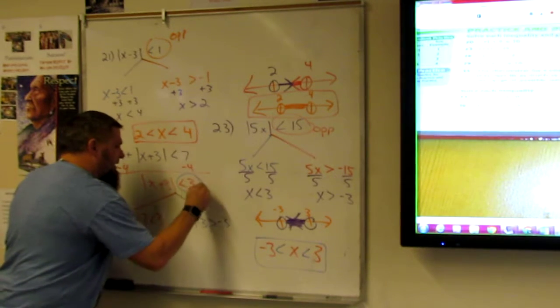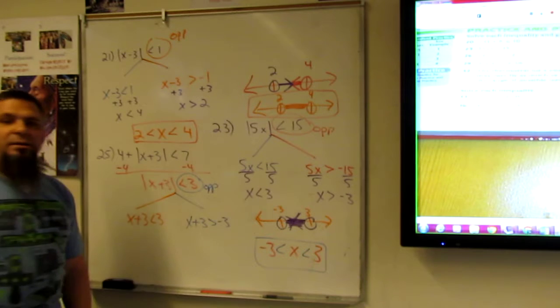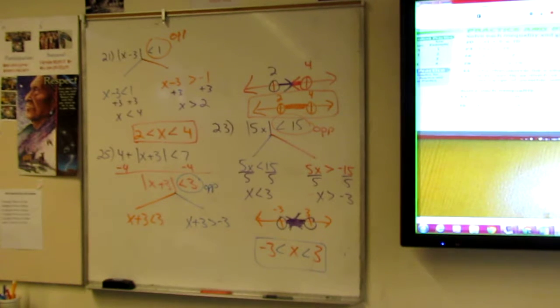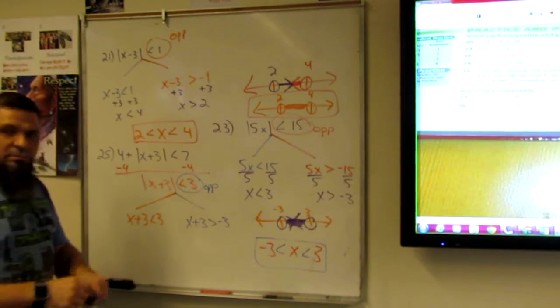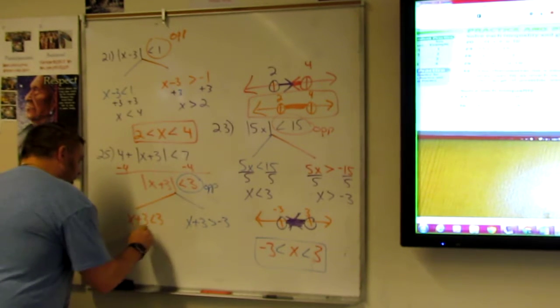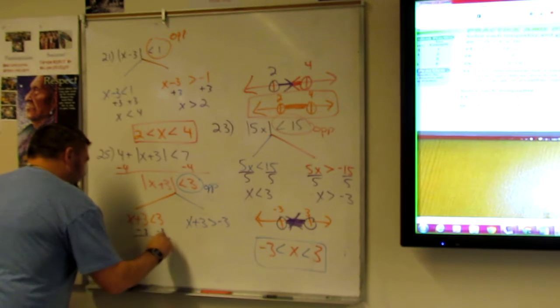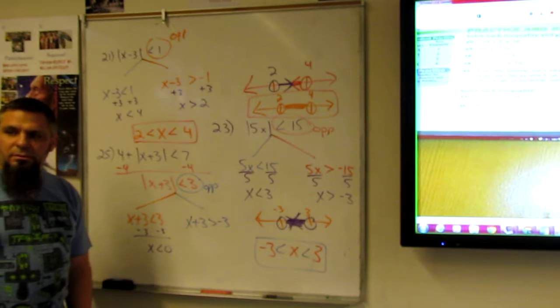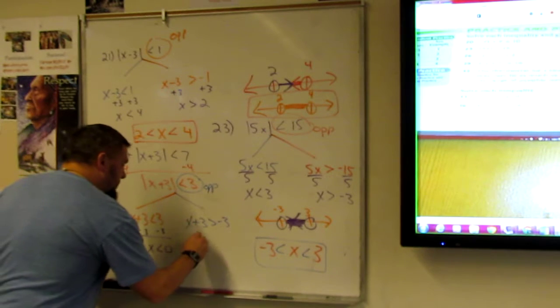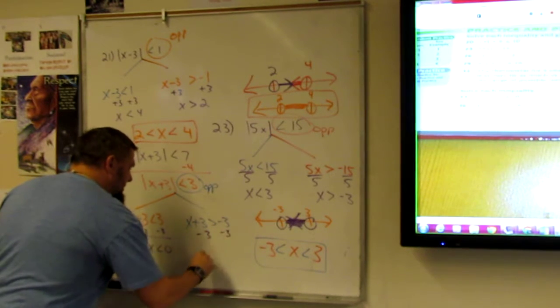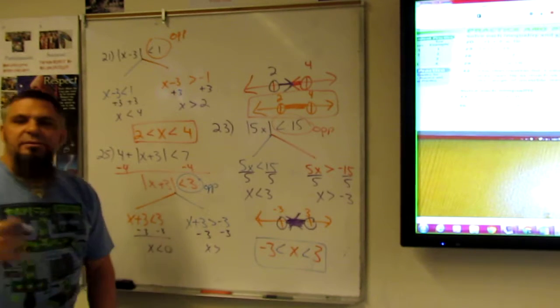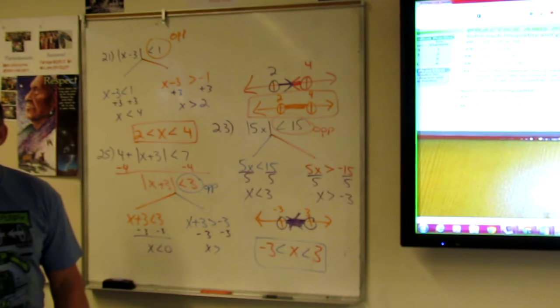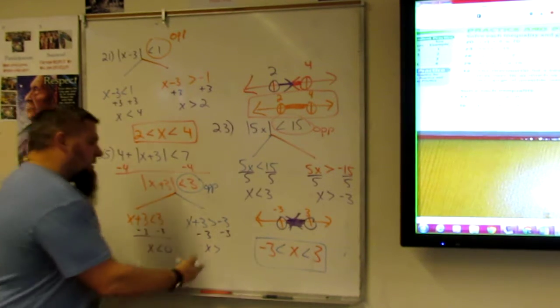Remember, this all becomes opposite, OPP. Now once we do that, it's just math. Minus 3, minus 3. So I get x is less than 0. I get minus 3 and minus 3. I get x is less than negative 6. Remember, negative.